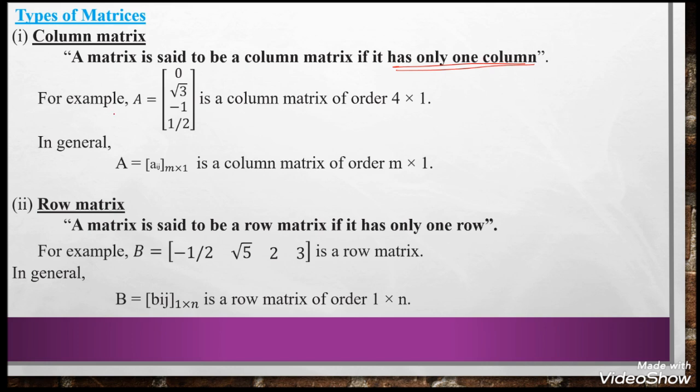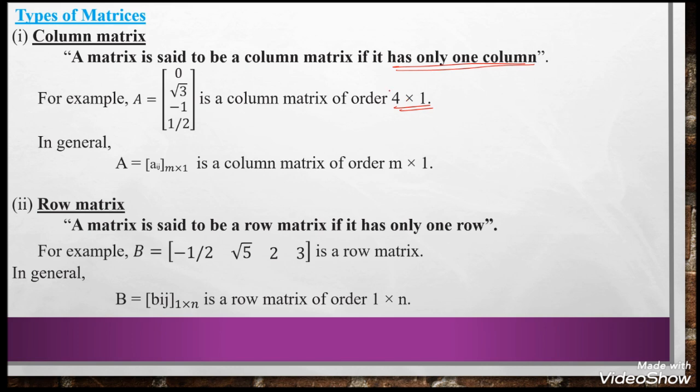For example, if A is a matrix containing four elements, it has four rows: first row 0, second row root 3, third row -1, and fourth row 1 by 2. There are four rows and one column. The order of this column matrix will be 4 cross 1.